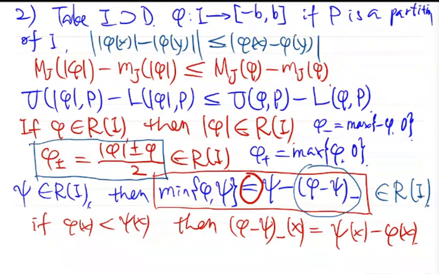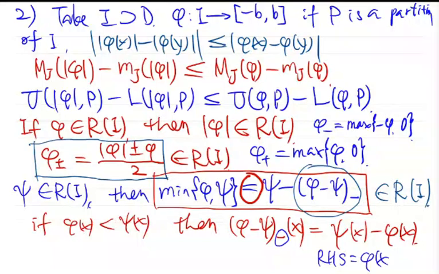By the definition of the negative part of a function, when phi x is less than psi x, the negative part of phi minus psi is psi x minus phi x. Therefore, the right hand side is psi x subtract the difference of psi x and phi x.